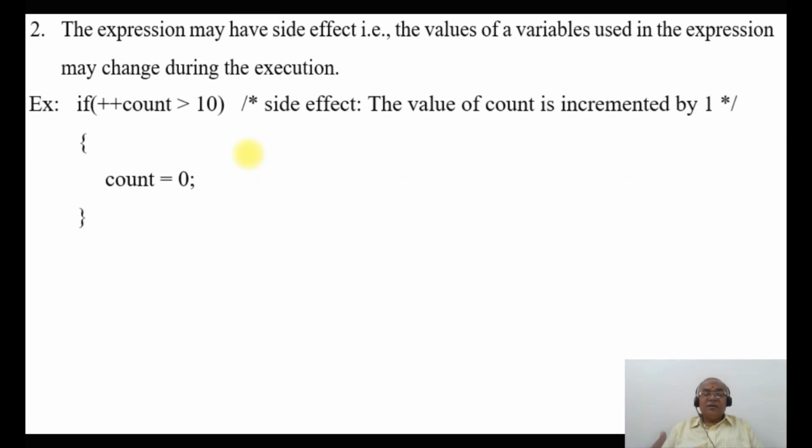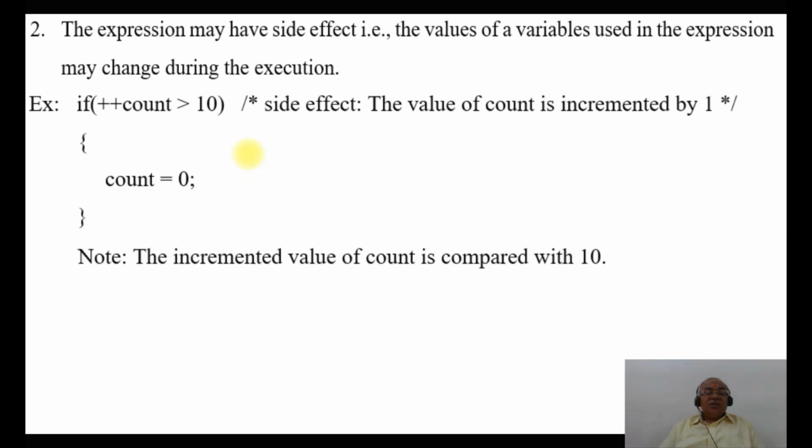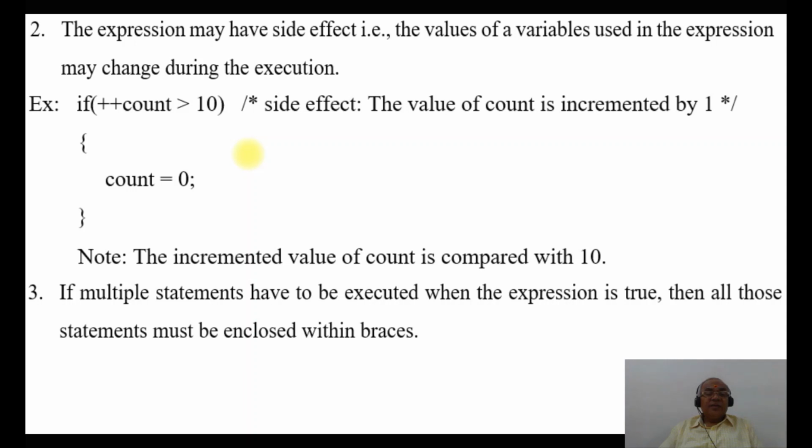When we go to the set of programs, we are going to elaborate much more on that. The incremented value of count is compared with 10 every time, and then it goes on to execute the program.